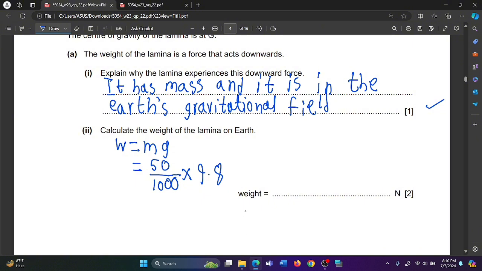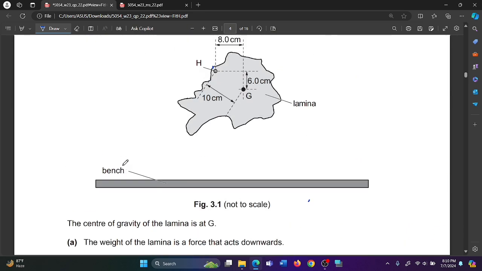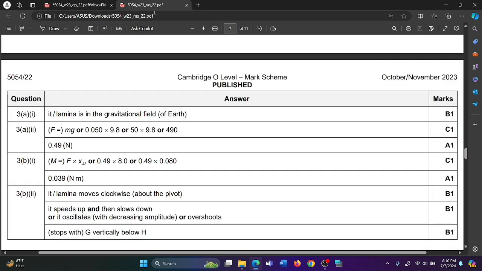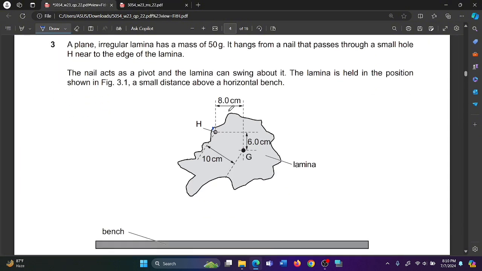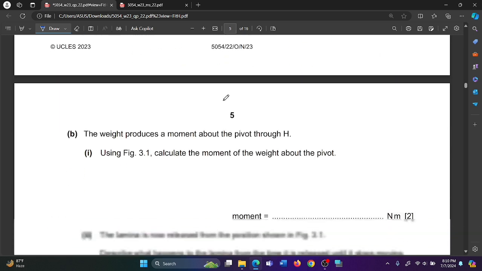So the weight is 0.49. Let's look at the mark scheme. Yes, in the mark scheme, the weight is 0.49. So let's move on to part B.